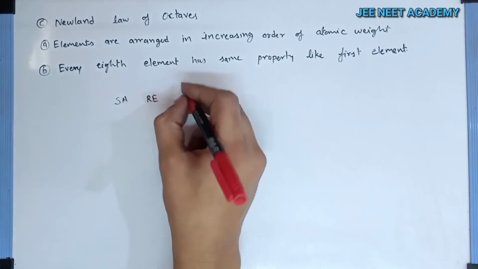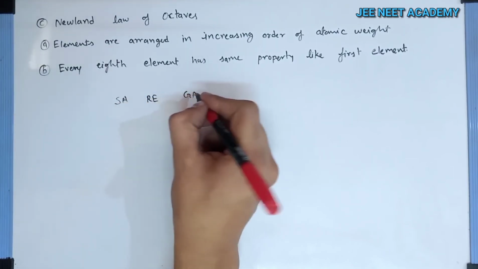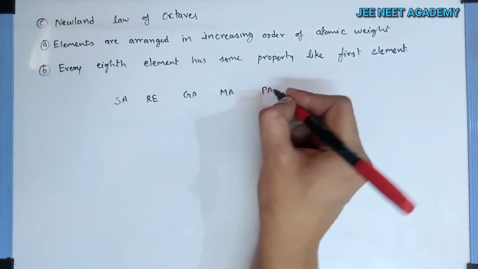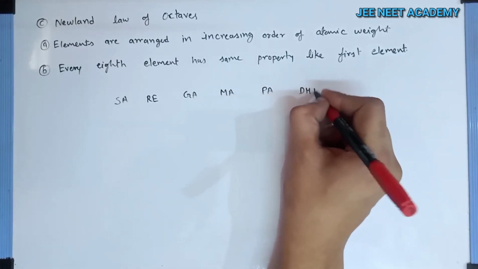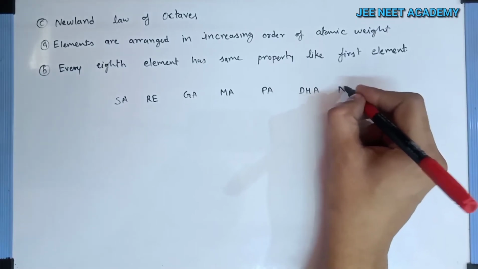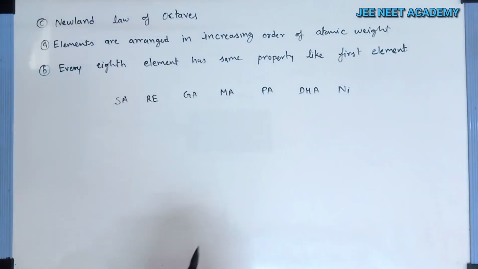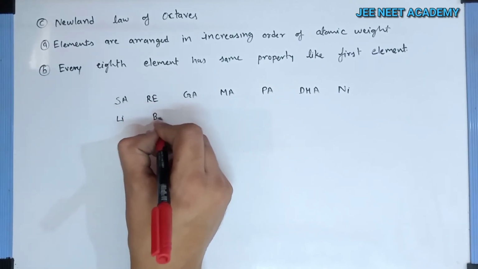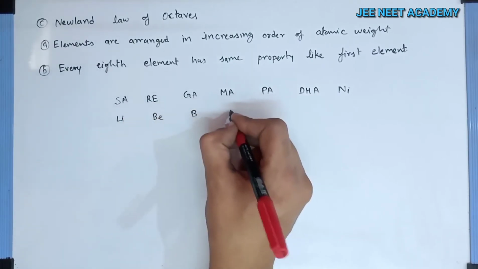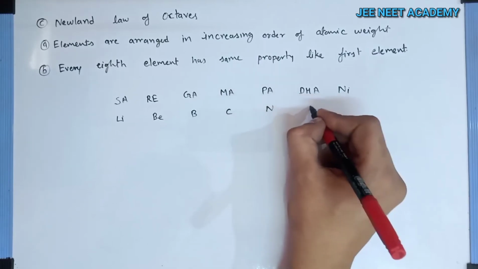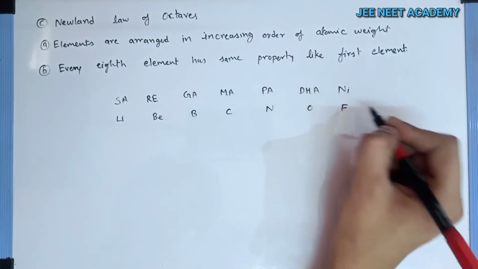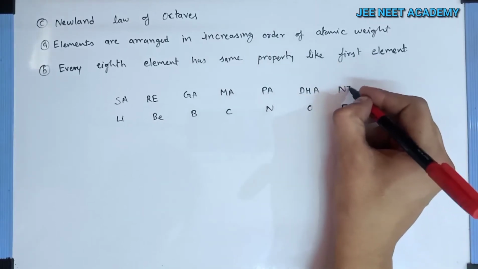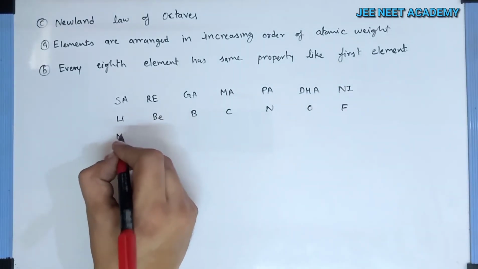Sa, re, ga, ma, pa, dha, ni, and again sa. So lithium, beryllium, boron, carbon, nitrogen, oxygen, fluorine, neon.